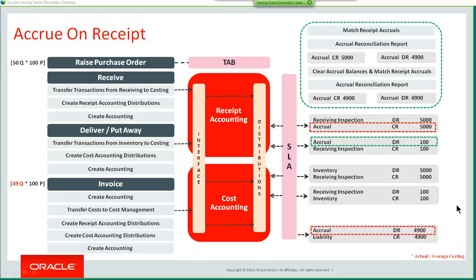That IPV will flow into inventory because you have to capture the inventory at the actual cost. So the IPV would also flow into inventory if you're using, of course, actual or average costing. Any difference in the price will be fed back to the inventory, because you want to track the actual cost of the item.